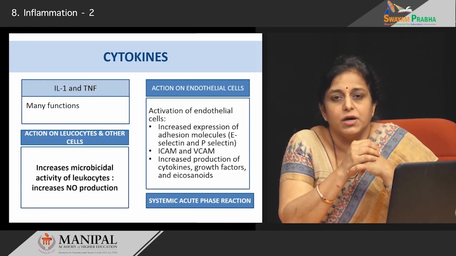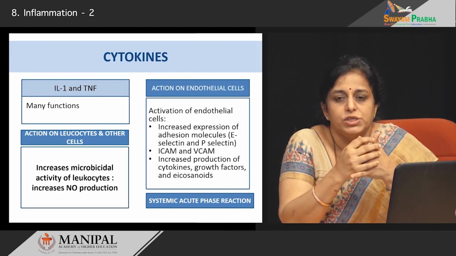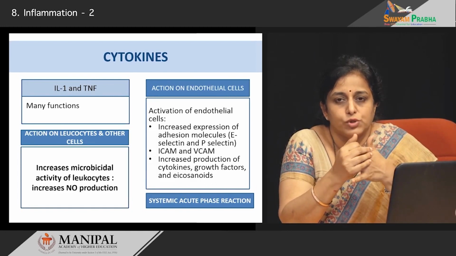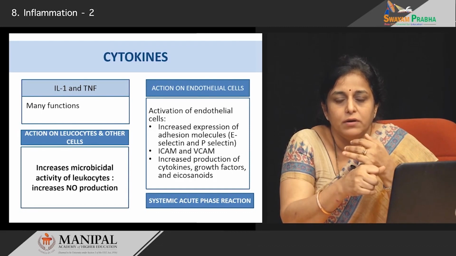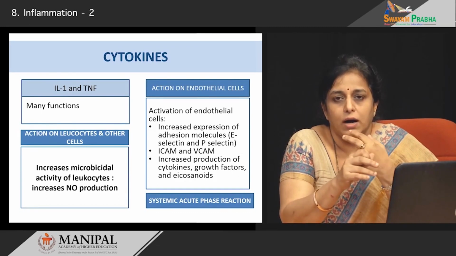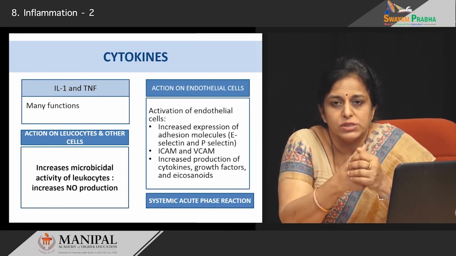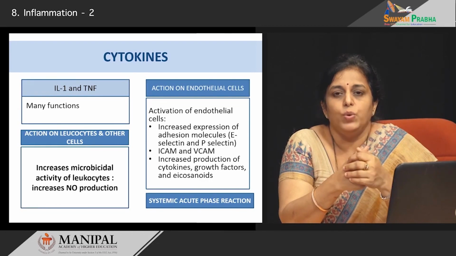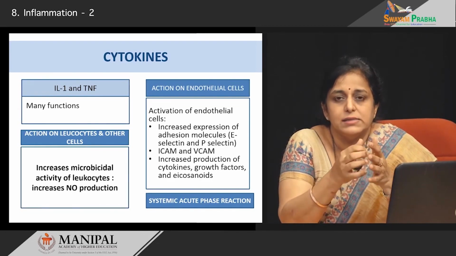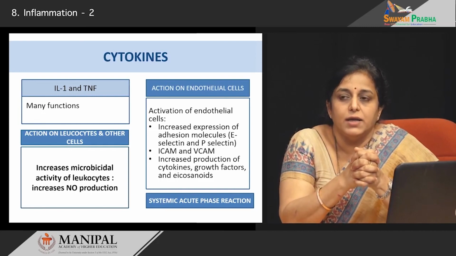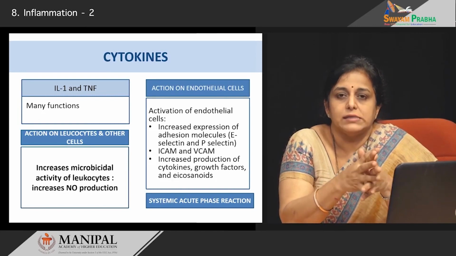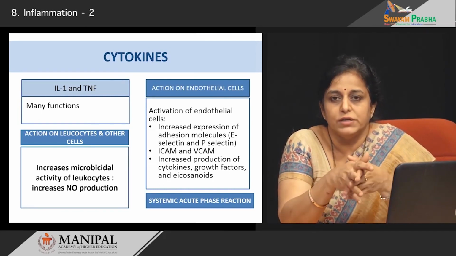Acute phase reaction are certain symptoms which occur in response to infection, for example, fever, and also other effects like we see leukocytosis in the blood, we see increased ESR.